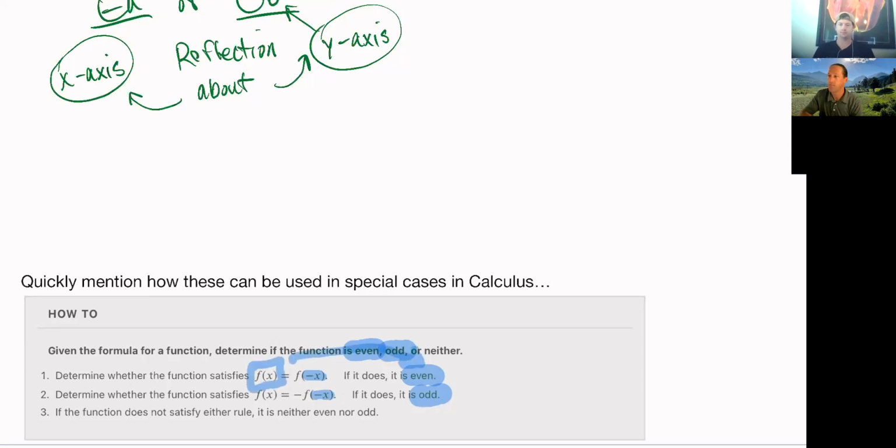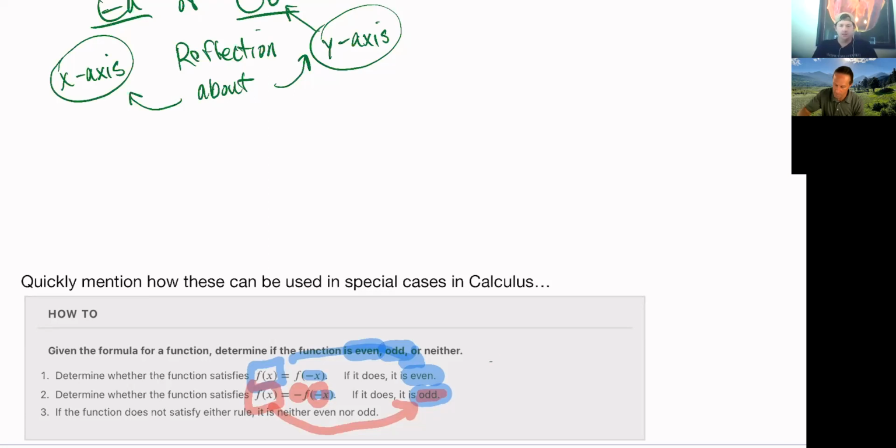Think about playing a game. If the score is even, then that means it's the same, right? Where if it's the opposite, then it's going to be odd. So if you get the exact opposite of your original function by plugging in that negative, then it is going to be odd for opposite.